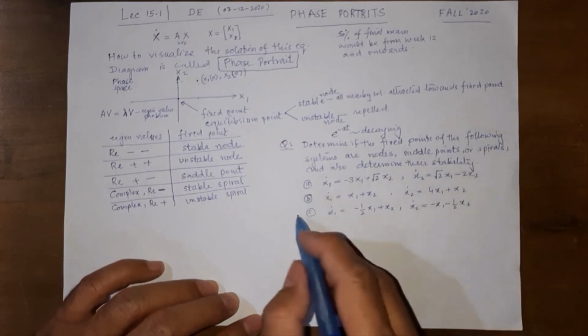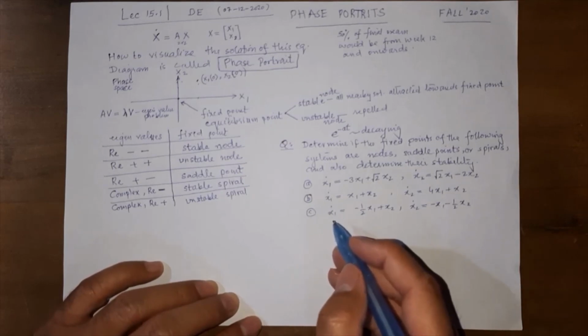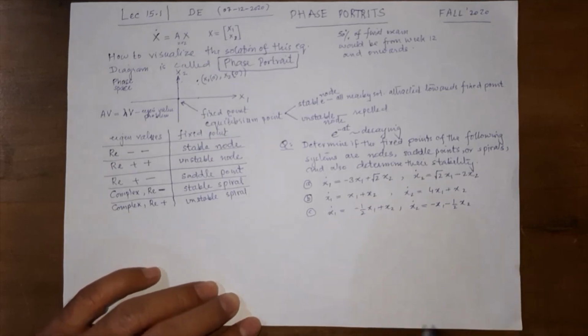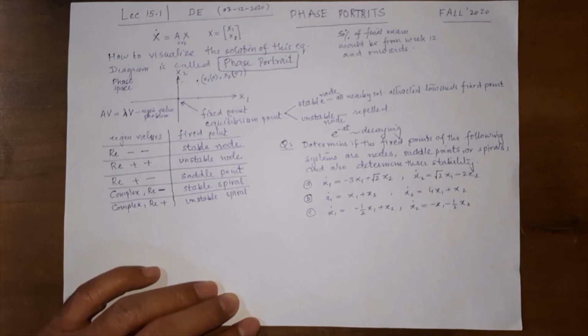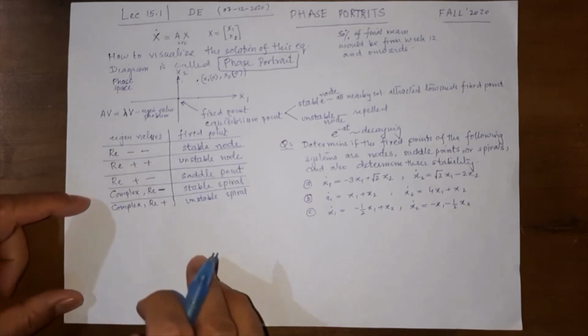If by understanding something you can do one or two problems yourself, that is sufficient proof that you have learned and understood the underlying concept. So with this, we can move forward and try to solve an example of our own.